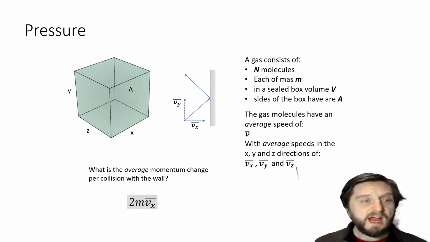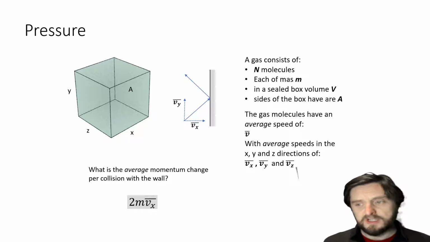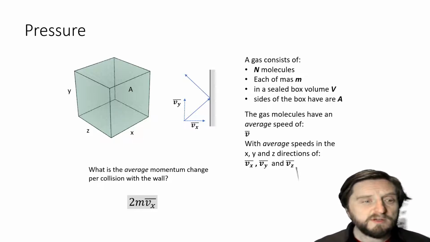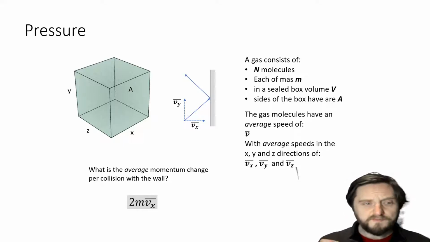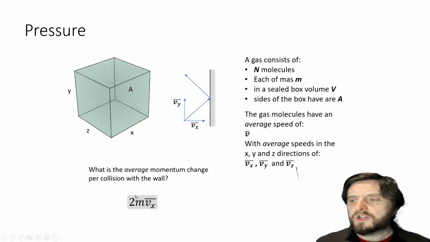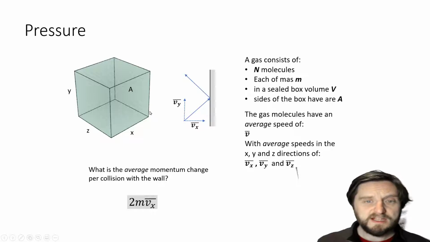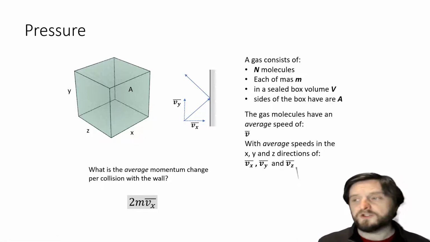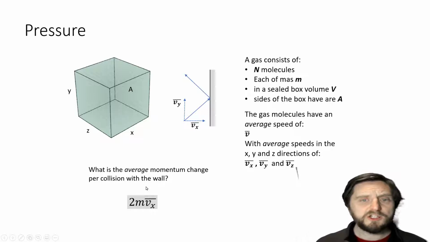So the average change in momentum is going to be 2 times the mass of the molecule times the average velocity of those molecules in the x direction. The reason it's 2, of course, is because it goes in with some positive velocity and out with negative velocity. So the overall change is twice the initial velocity. So this is our average momentum change per collision with the wall.